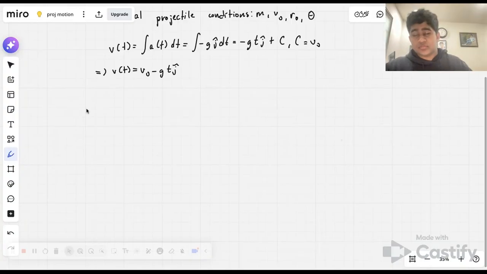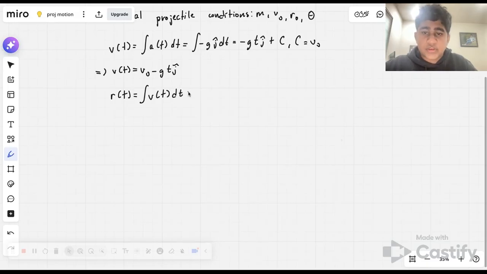Now let's find the position of a projectile, which is actually what characterizes a projectile as going in projectile motion or not. So we know that r of t is the integral of the velocity function with respect to time. So let's simply integrate this function, and what we get is the integral of v0 minus gt with the j component dt, and this is going to equal v0 t minus half gt squared j plus initial condition c.